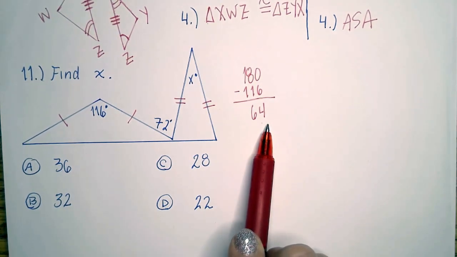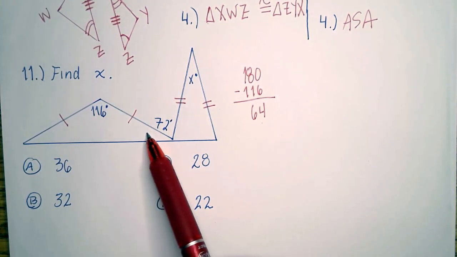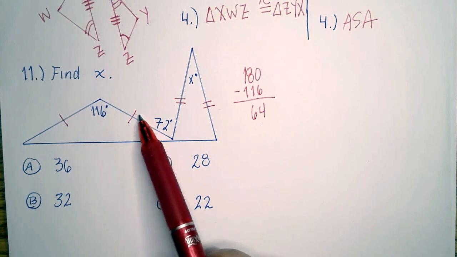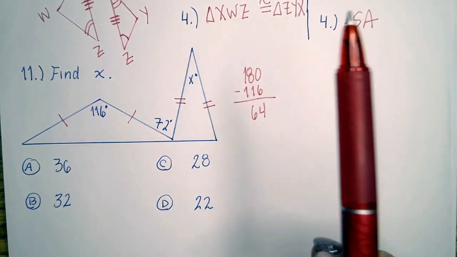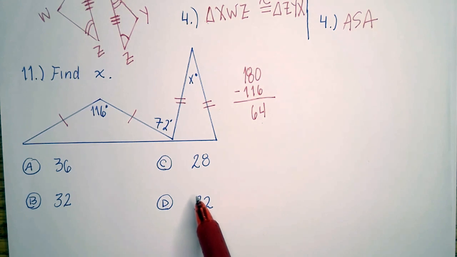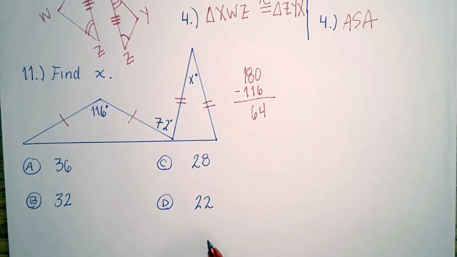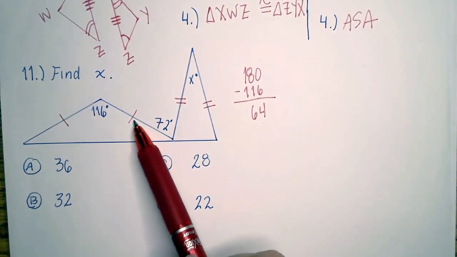Because in this triangle we have two congruent sides. Good. What kind of triangle does that make it? It has a special name. Who remembers the name of it, Tristan? Isosceles. So if I have an isosceles triangle, two congruent sides, what other conclusion can I make?